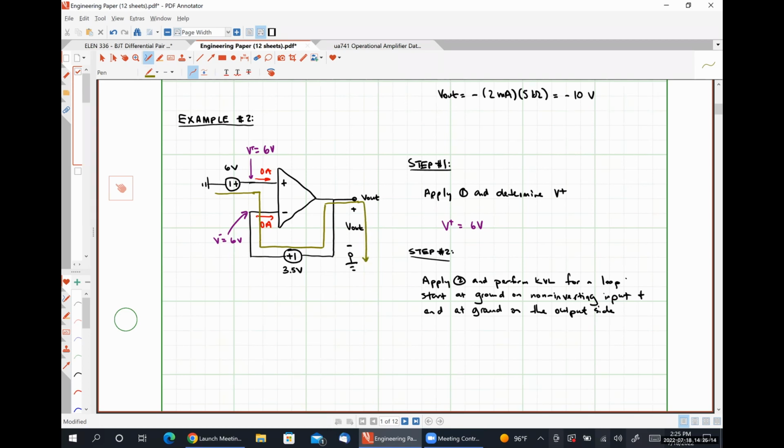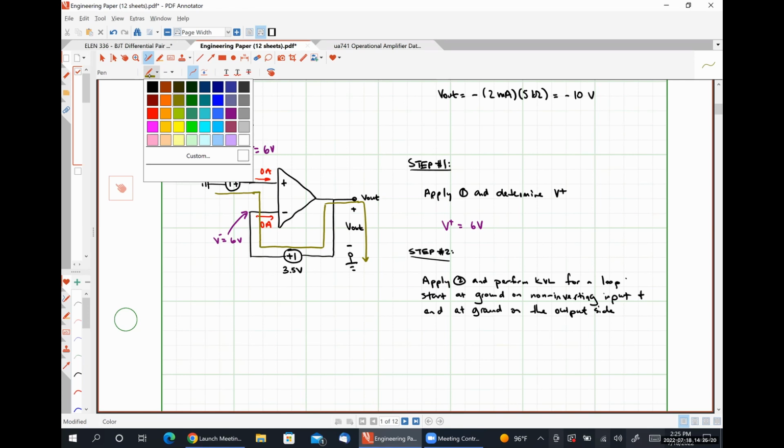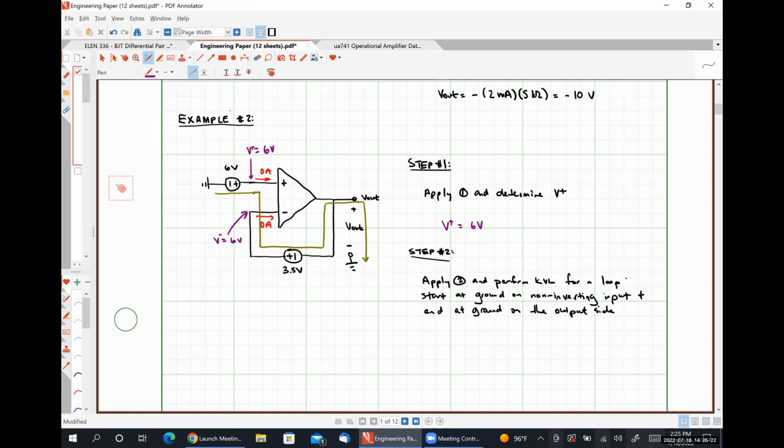Okay. So another thing that I'm going to indicate here, and we've already done it in a sense, is that the voltage drop across our input terminals has to be 0. That is what rule number 2 tells us.